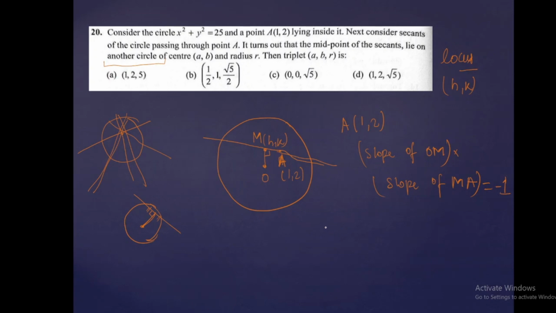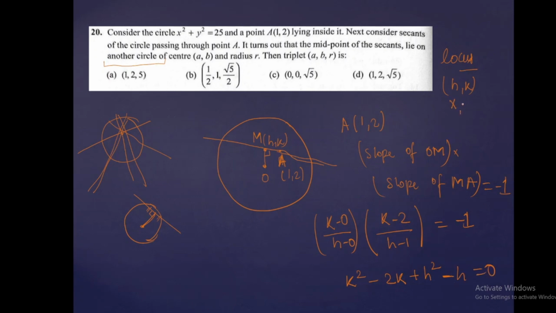So we write k minus 0 upon h minus 0, and then k minus 2 upon h minus 1, and this is basically minus 1. So on solving, what do we get? k square minus 2k plus h square minus h equal to 0.